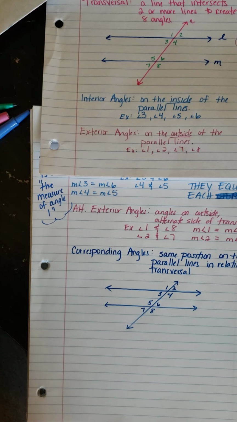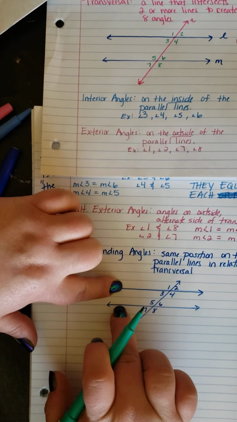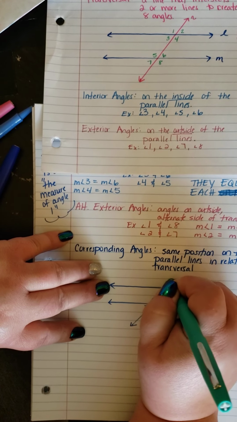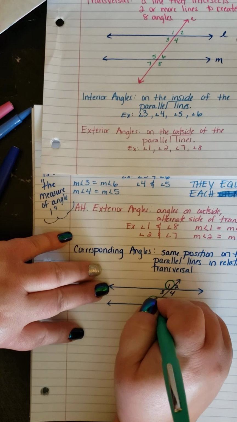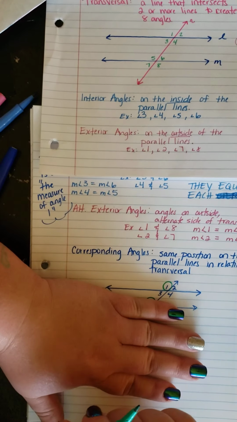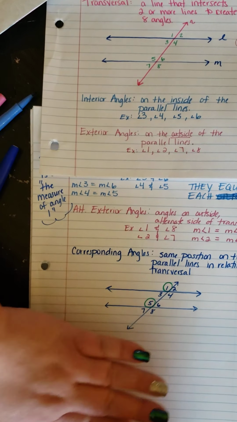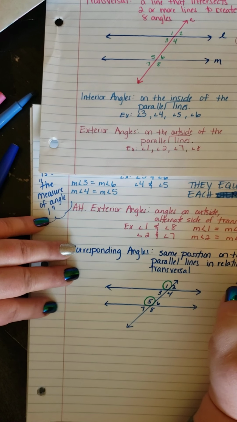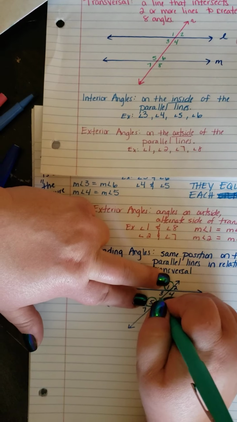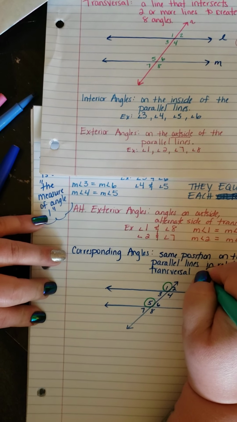Corresponding angles are in the same position on the parallel lines in relation to the transversal. So angle 1 and angle 5. It is in the top left corner. Top left corner. Okay. Those, you guessed it, if you can see how they look here, corresponding angles are also equal to each other.